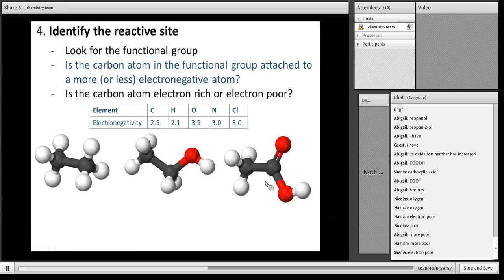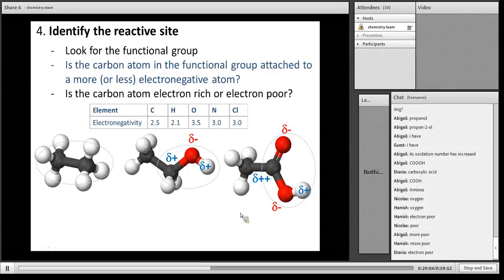I'm just highlighting the functional groups there. But if I draw things out, the oxygen there being the most electronegative is the most electron rich, and the carbon's electron poor. We always remember focusing on the carbon and how it reacts. So here it's even more positive, and the oxygens are electron rich.